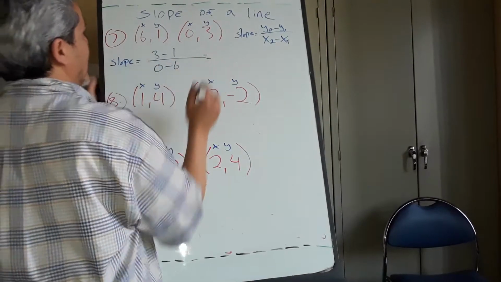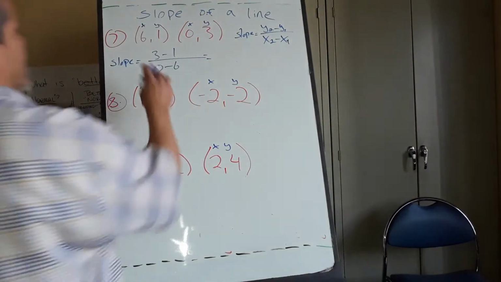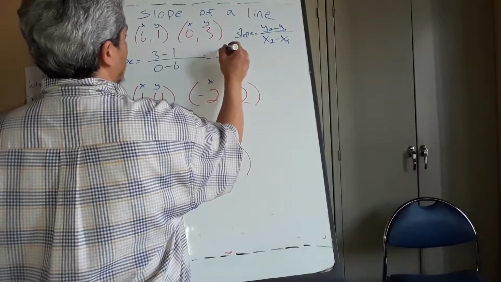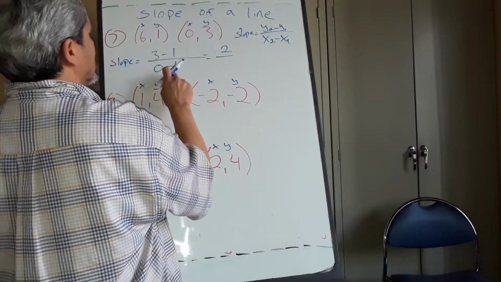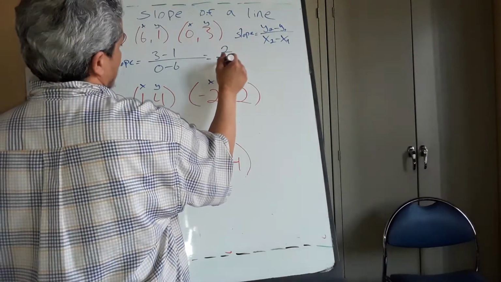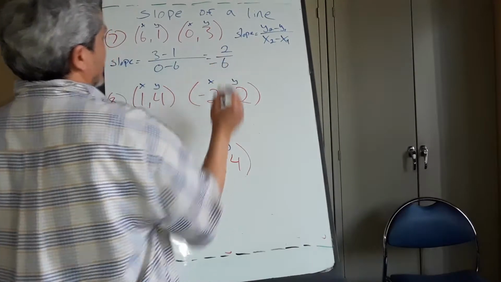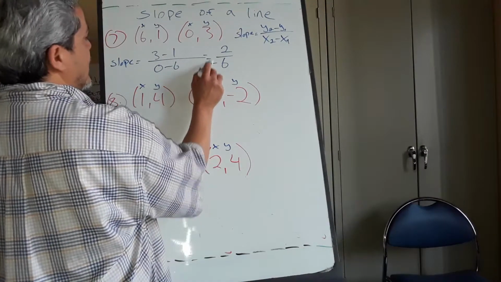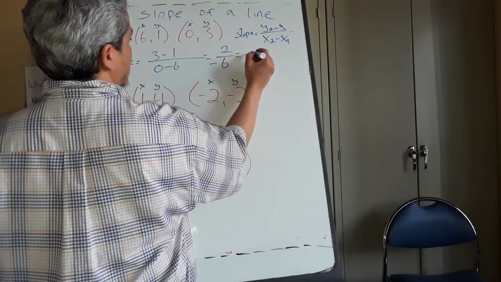No negative, so we don't have to be multiplying signs. 3 minus 1 is 2. 0 minus 6 is 6, and it is a negative. So we have a negative and a negative is going to give us a negative.